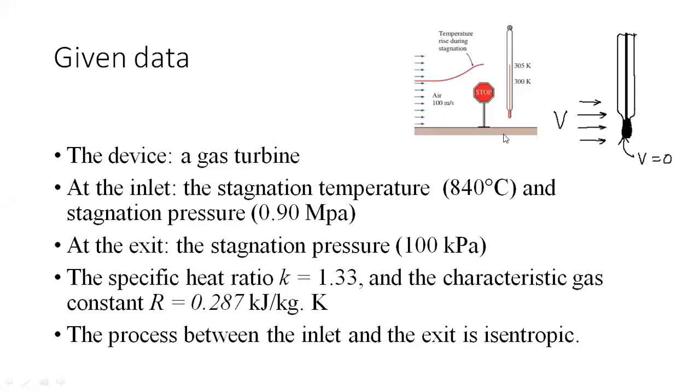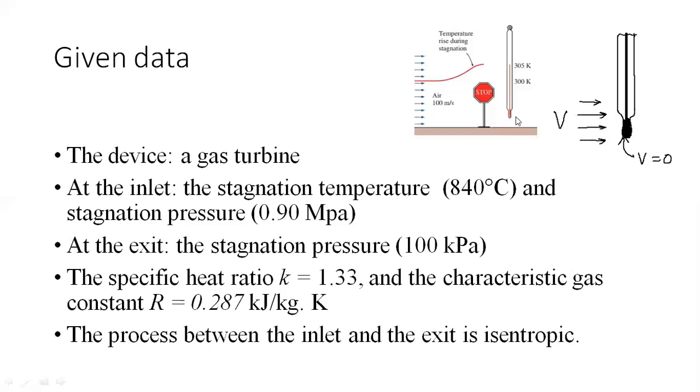You see in this slide, say this is the probe, that is the thermometer. When it is placed in the flow field, it will act as an obstruction in the flow field. Therefore, the flow which is moving like this will be stopped fully at the tip or the bulb of the thermometer. So the kinetic energy will be converted to thermal energy, or correspondingly the momentum will be stopped.